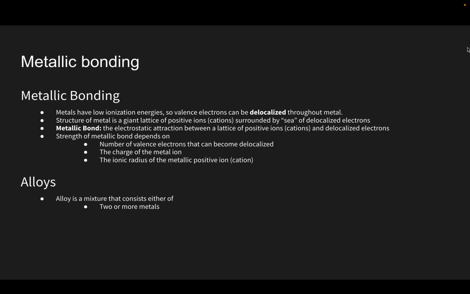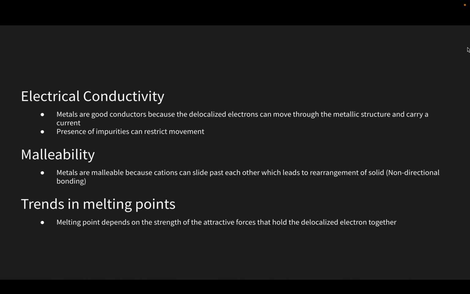Next, alloys. An alloy is a mixture that consists either of two or more metals or, as you usually see, metals combined with an alloying element, one or more non-metals. Alloys have enhanced properties such as strength, hardness, and durability.